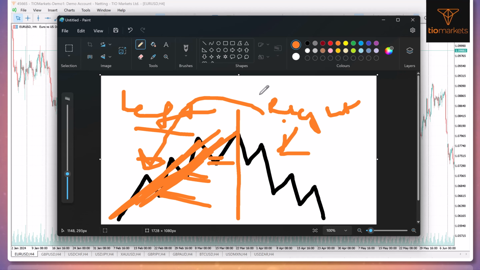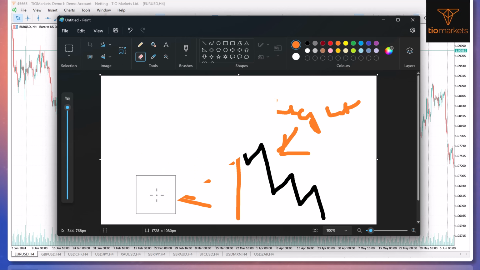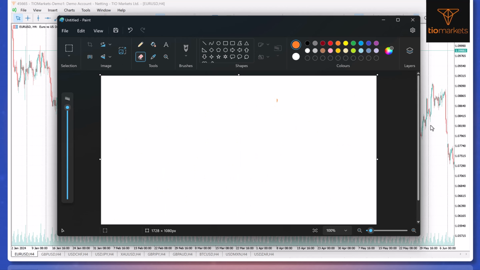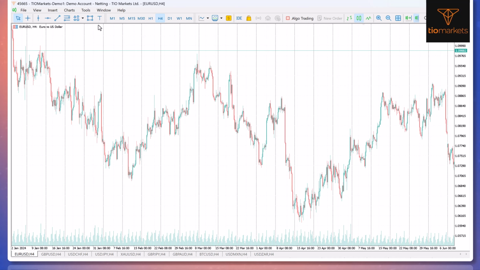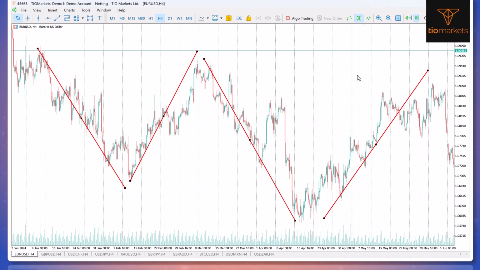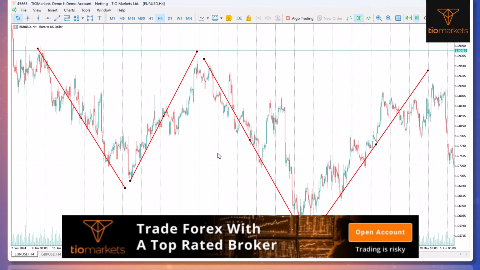Let me show you that on the charts, and we'll come back and explain what we are saying. If you look at this, you can clearly see that we have this move, right? And we also have the mirror move of this one, and we also have this one that mirrors these moves. Look at this move, right?